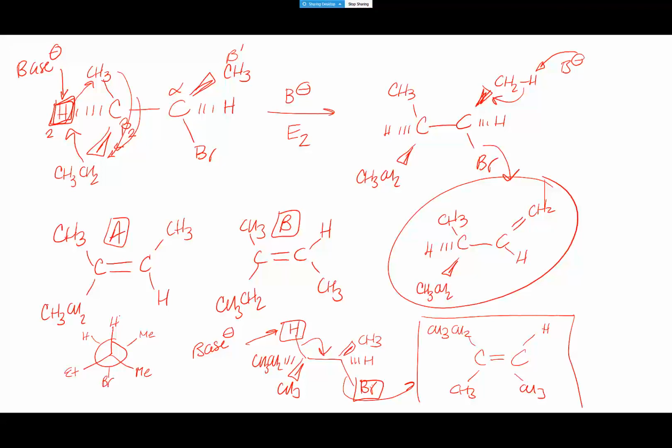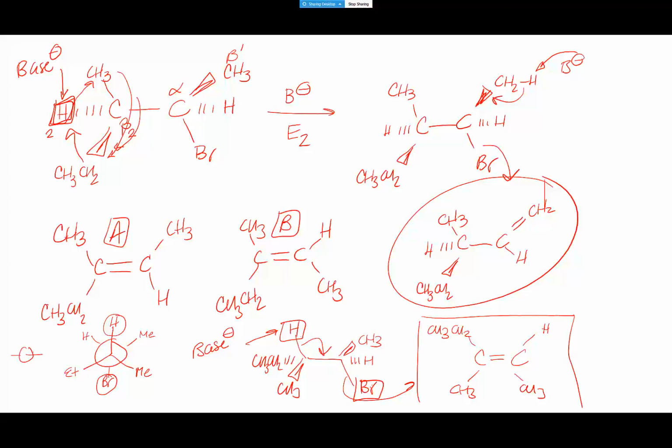So when the base comes in and grabs this hydrogen and this bromine leaves, the other two groups come together. The groups on this side are going to become parallel to each other, and the two methyl groups are going to become parallel. So the final product in a Newman projection would look like this.